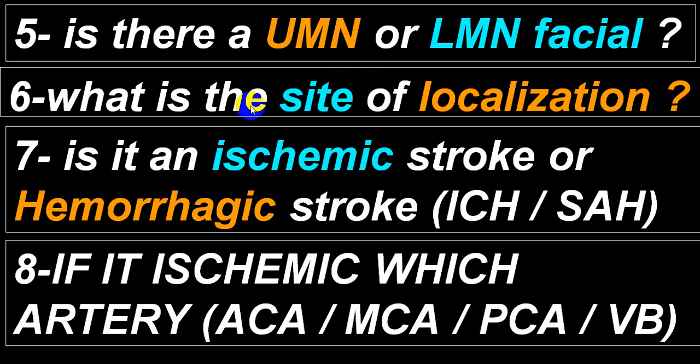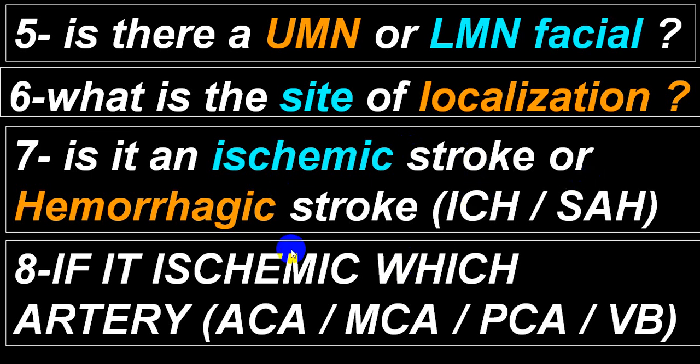And then with the examination and clinical history, we have to identify whether it is ischemic stroke or hemorrhagic stroke. And again in ischemic, whether it is thrombotic or embolism. And in hemorrhagic, whether it is intracranial hemorrhage or subarachnoid hemorrhage.